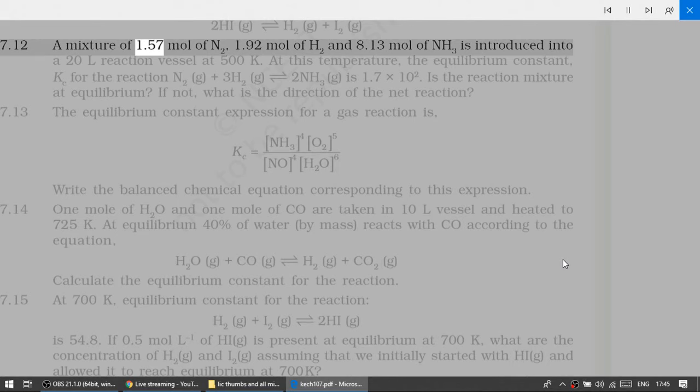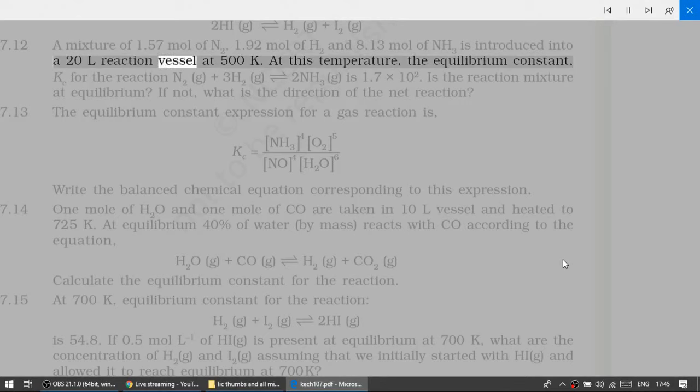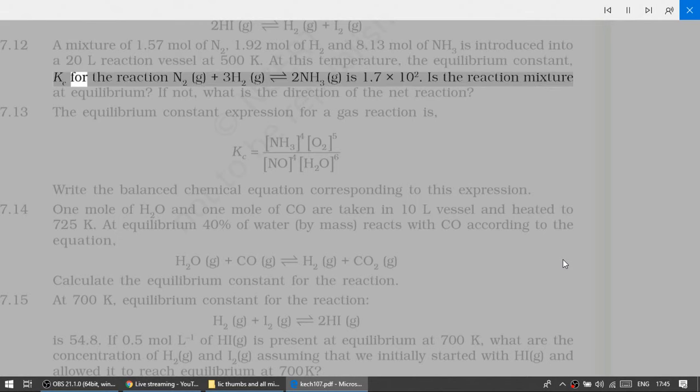7.12 A mixture of 1.57 mol of N2, 1.92 mol of H2 and 8.13 mol of NH3 is introduced into a 20 L reaction vessel at 500 K. At this temperature, the equilibrium constant, Kc for the reaction N2(g) + 3H2(g) ⇌ 2NH3(g) is 1.7 × 10^2.